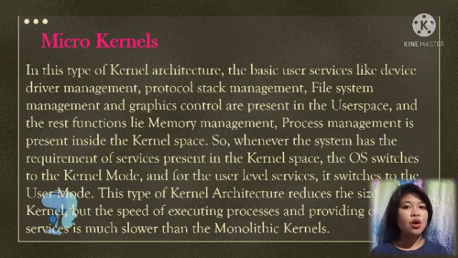So, whenever the system requires services present in the kernel space, the operating system switches to kernel mode, and for the user level services, it switches to user mode. This type of kernel architecture reduces the size of the kernel, but the speed of executing processes and providing other services is much slower than the monolithic kernels.